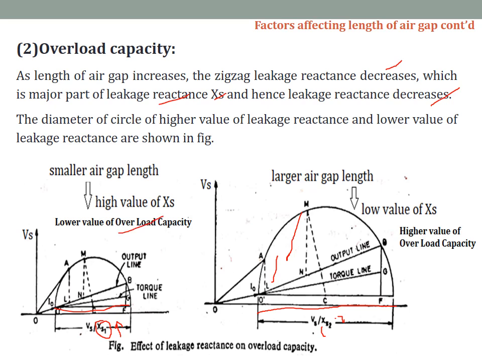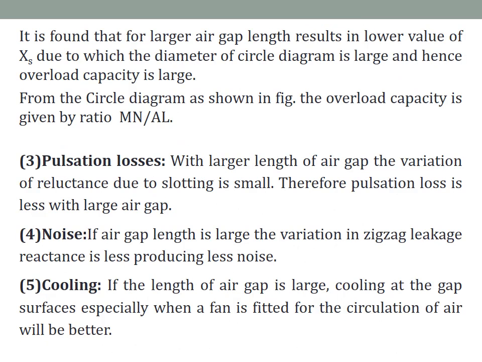So from the circle diagram you can find the ratio of Mn by Al. It is found that a larger air gap length results in a lower value of excess, due to which the diameter of the circle diagram is large and hence overload capacity is large.